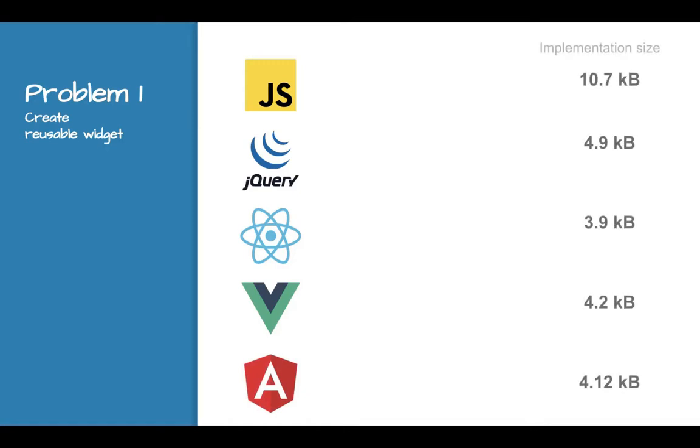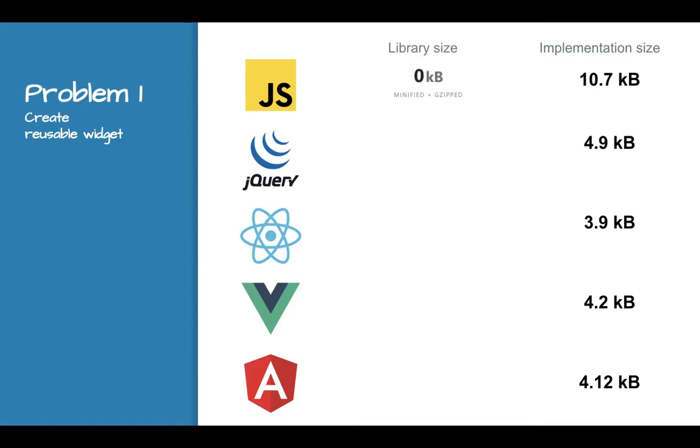Nice. All right. So let's say this is the implementation size of the widget, okay? This is just a contrived size, but let's say, for the comparison, obviously the biggest size will be vanilla JavaScript, right? Because you don't have all these abstractions. So, okay-ish, but a more important thing is the library size, okay?